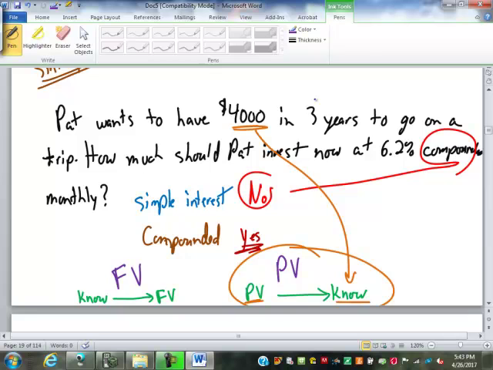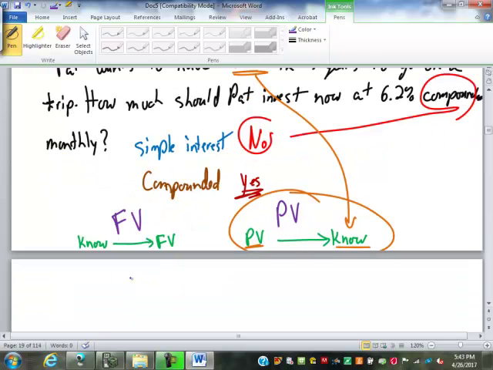So present value is the future amount, the $4,000, times or divide? Divide by 1 plus, our rate is 0.062, divided by, what determines what we divide by?